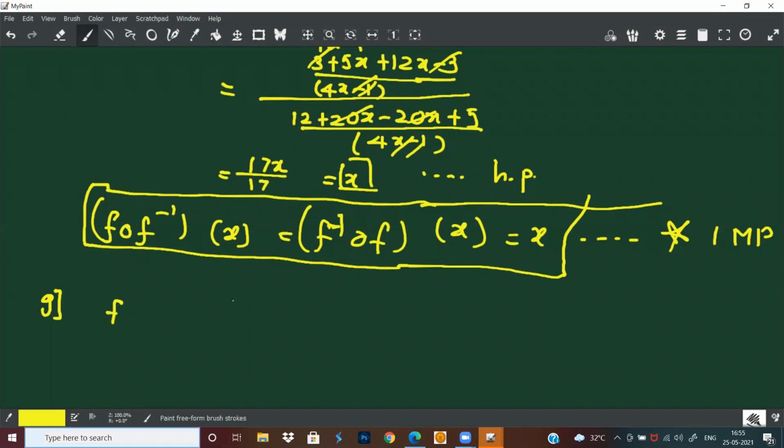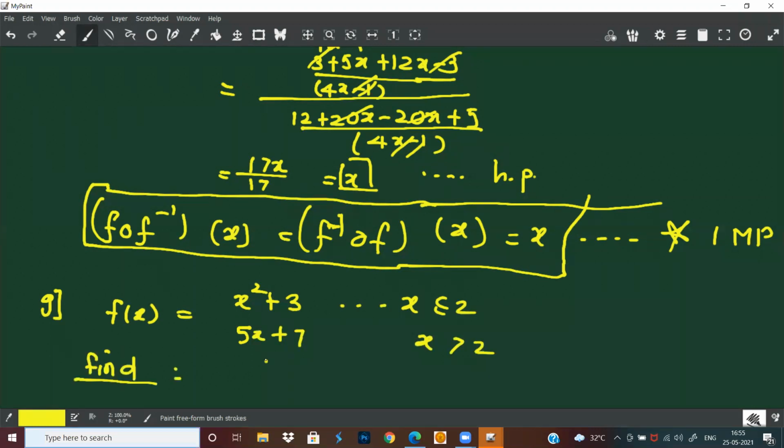This is f of x is x square plus 3 for x less than or equal to 2. There is a chapter called continuity for the 12th standard. If you understood this, you will have sorted it for next year. Oh, you have to take a screenshot? Yes, Rishikesh, sure.